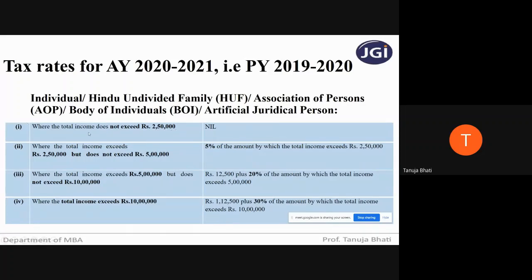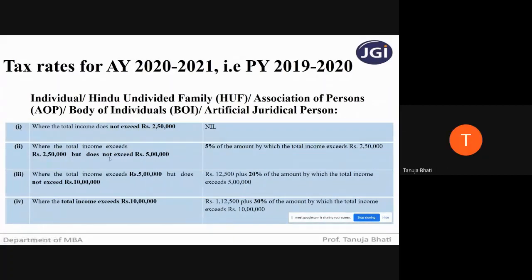So nil. What does this sentence mean? Where the total income does not exceed 2 lakh 50, meaning my income is 2 lakh 50 or less, then there will be a zero rate of tax. That is, I'm exempted from paying tax since I'm falling in a lower income bracket. Did you understand the first row?